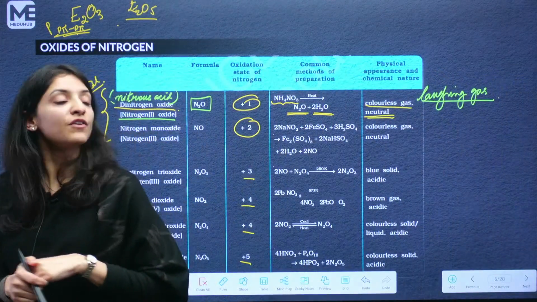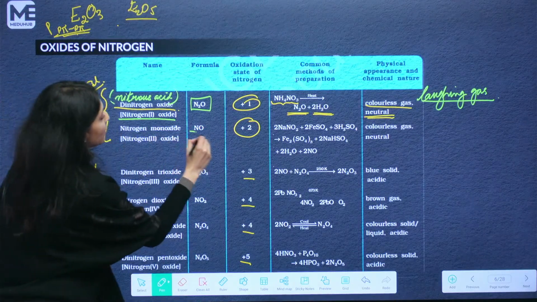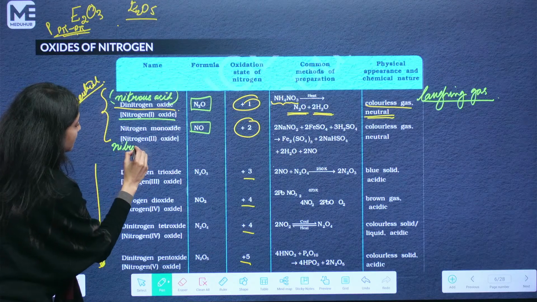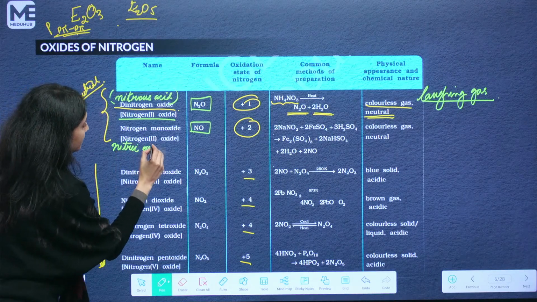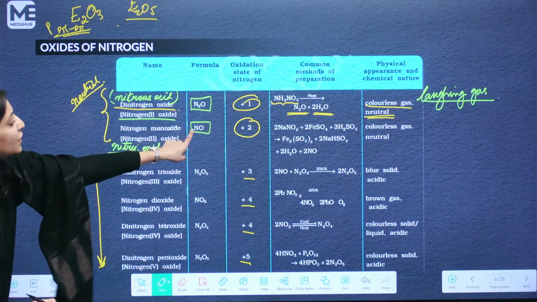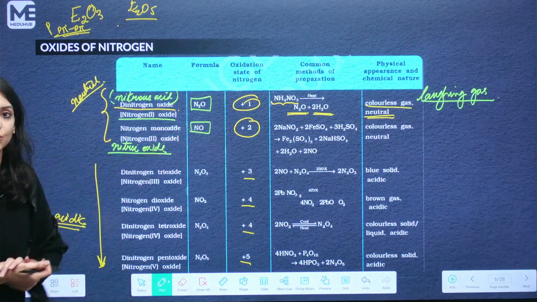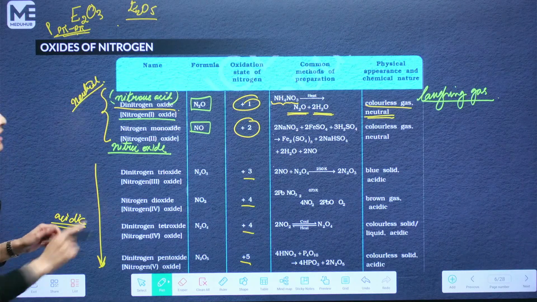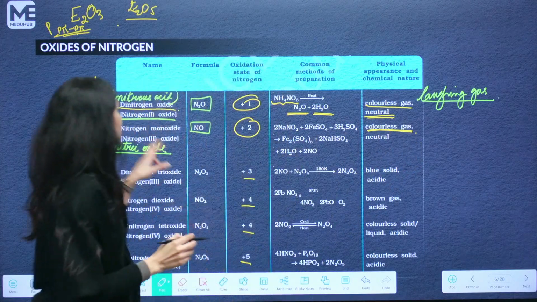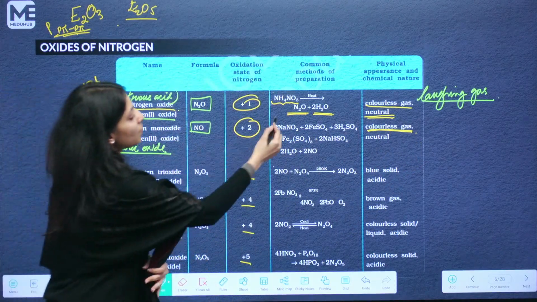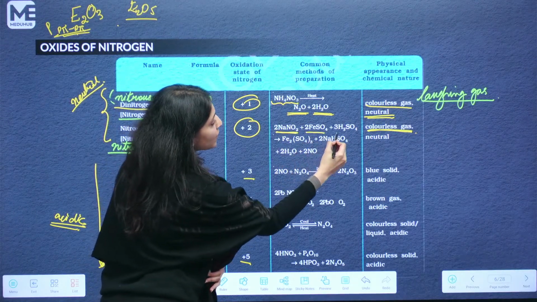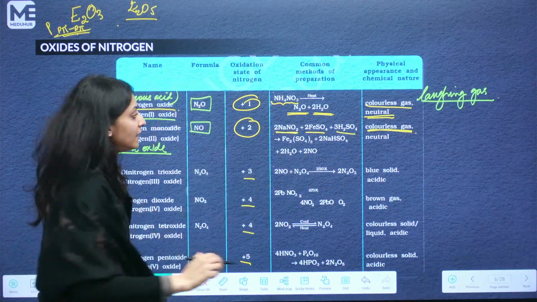The second oxide of nitrogen is NO, which is also called nitric oxide. The oxidation state of nitrogen in NO is +2. This is also a neutral oxide and it is also a colorless gas. Now NO is produced when NaNO2, sodium nitrite, reacts with FeSO4 and H2SO4, right?